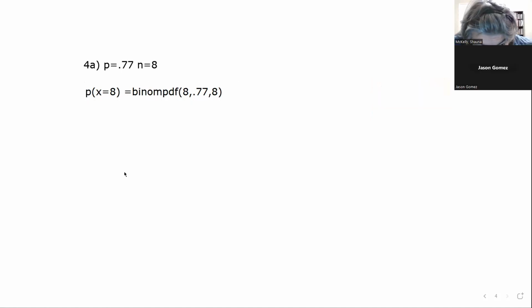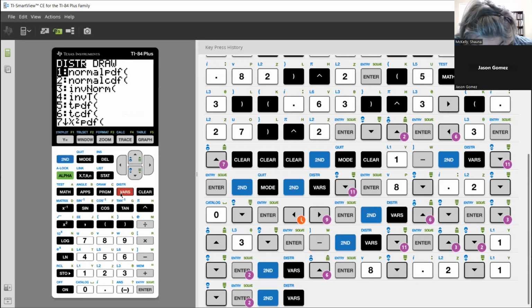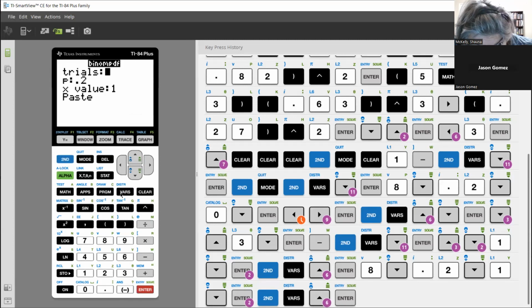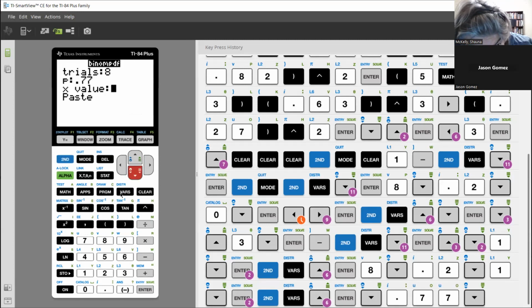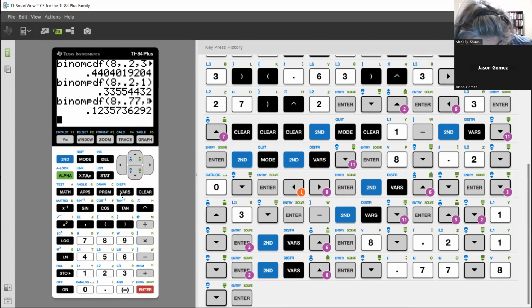So we have second distribution, binomial PDF, which is A on your calculator, 8, 0.77, and we're doing 8, and we get 0.1236 if I round, 0.12357. 0.1236 is what I have.